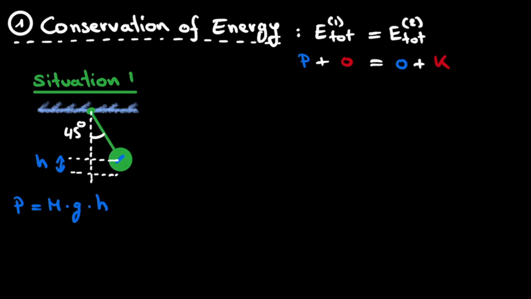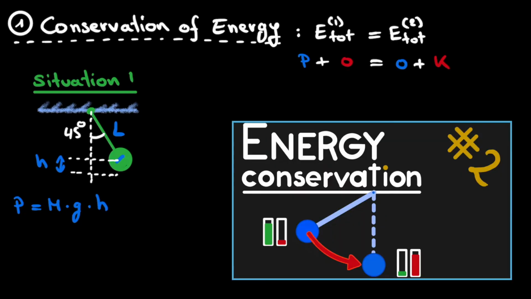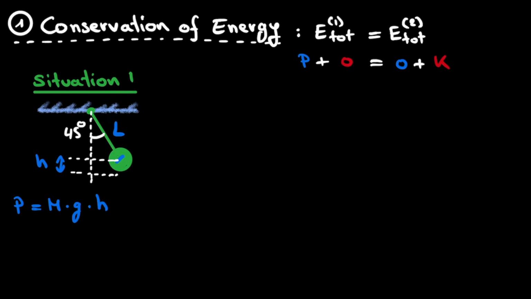Now, of course, we would like to get this 45 degrees somewhere in this equation. And at the same time, we would like this h to disappear because we don't really have a measurement for it. What we're measuring is this 45 degrees. Now, because we know that this length will be capital L, and using some geometry, which I do in detail in a previous video specifically on energy conservation of a pendulum, we can rewrite this as follows.